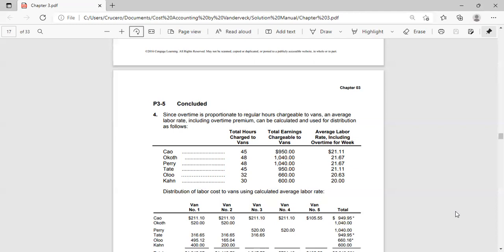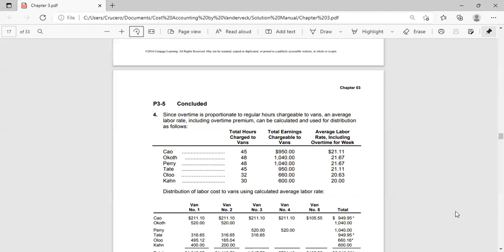So we now get the sum that's equal to 949.95. Then to the next worker, we have an average rate of 21.67, and he spent 24 hours on van number 1. So we have 520, and the same with van number 2, total of 1,000.